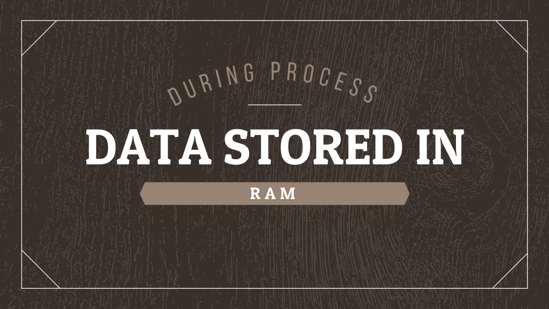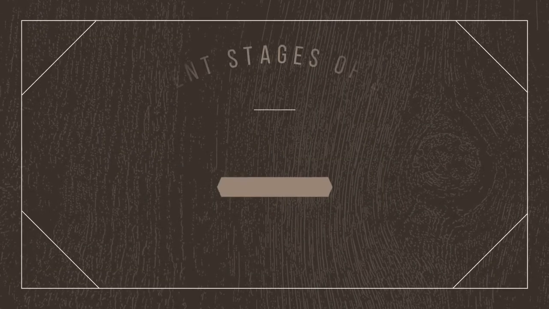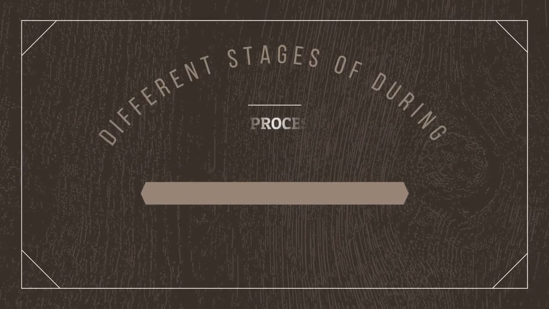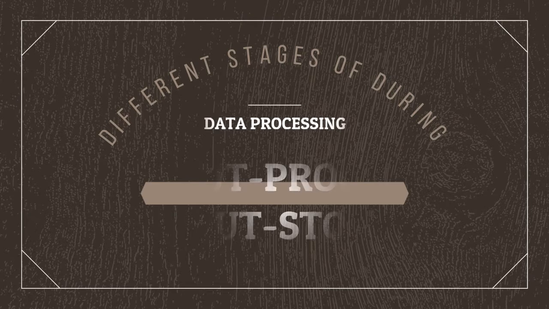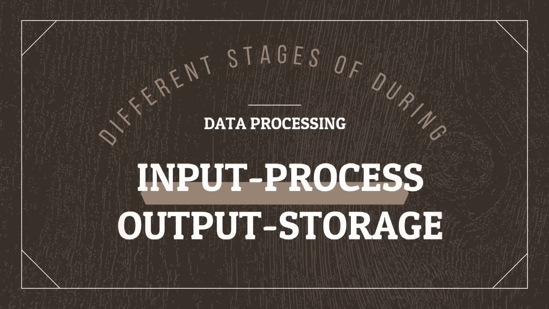So the different stages of computer system during data processing are number 1 input, then process, third output, and one more, that is storage, where the data or instruction is stored during the process and after the process.